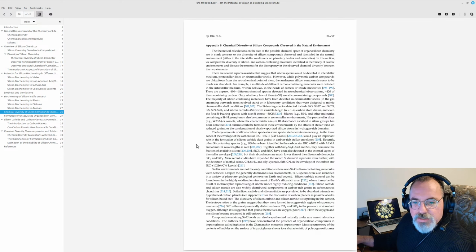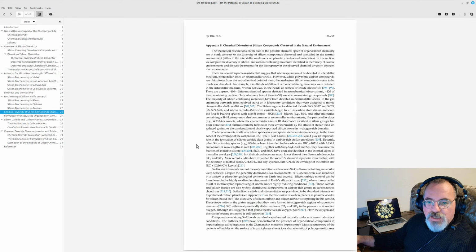Together with SiC2, Si2C, SiO and SiS, they dominate the fraction of the available silicon. SiCN, which I think is silicon cyanide, and SiNC have also been detected in the external layers of the stellar envelope, but their abundances are much lower than of the silicon carbide species SiC3 and SiC4.